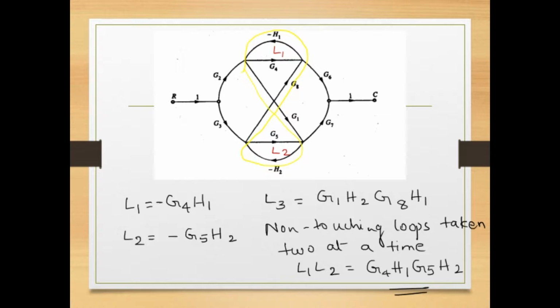Now let us write what delta is. Delta is 1 minus the individual loops L1 plus L2 plus L3, plus the combination of two non-touching loops, L1 and L2.